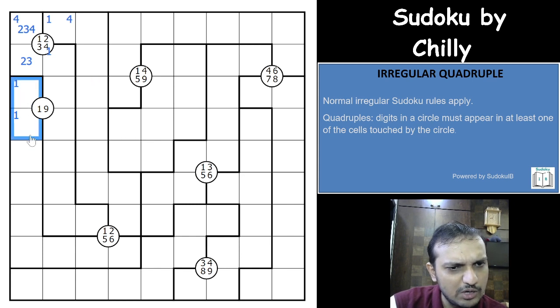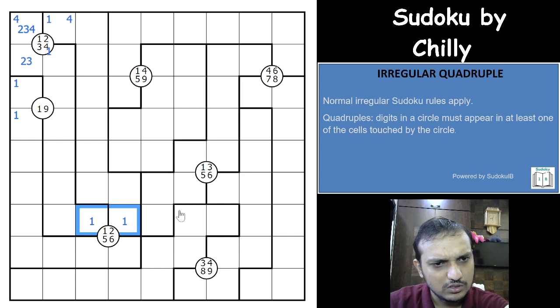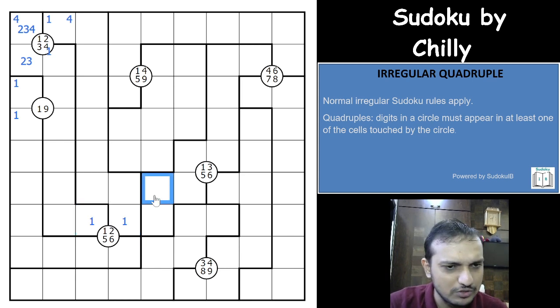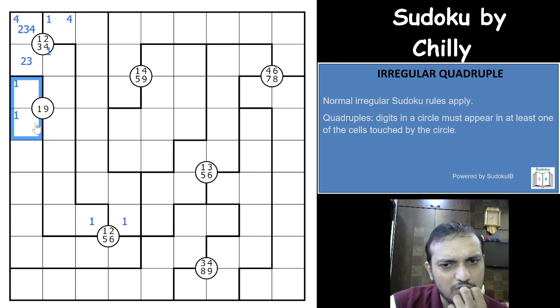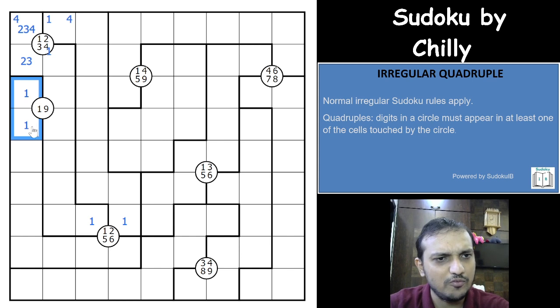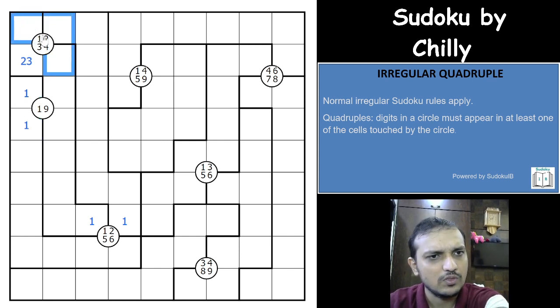You know that 1 has to be in one of these 2 cells, so which means 1 would have to be in one of these 2 cells. That's nice. I'll just go with the candidates marking, not with the corner pencil marks, because it's quite confusing that way. So 1 here and 4 would have to be here.